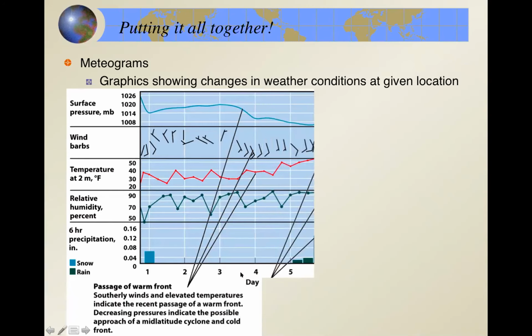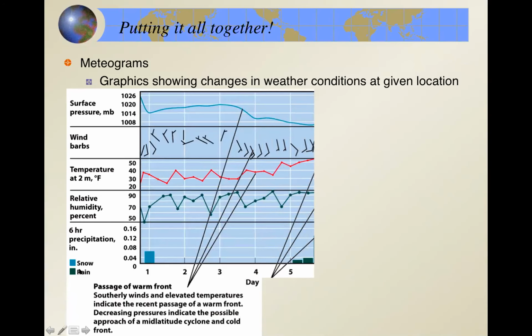If we continue to measure, what we find is pressures continue to drop as the cyclone approaches us. The wind fields are still from the south, and so the temperatures are continuing to rise, but we're just starting to see the signature of rain in this region, which is indicated by green.